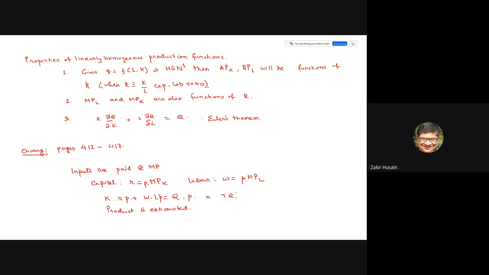So whatever the producer earns by selling the product, the entire part is exhausted if you simply pay according to what we call VMP, value of marginal product. This is called the product exhaustion theorem.